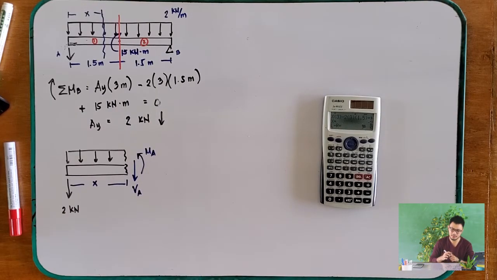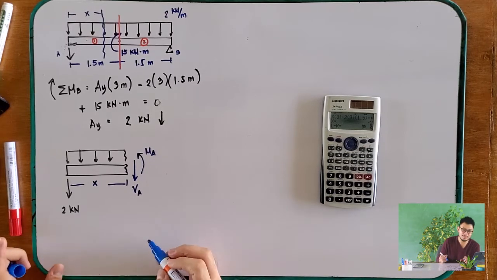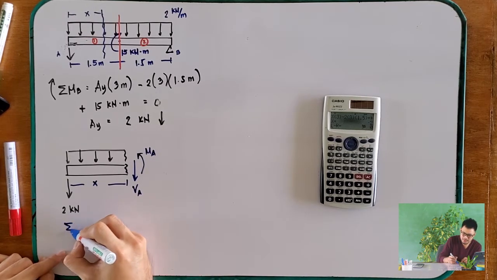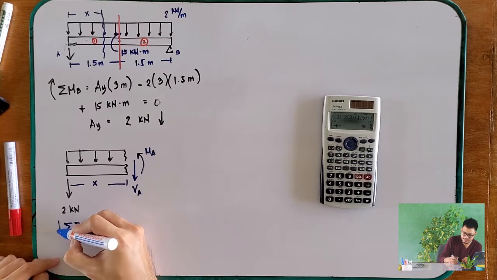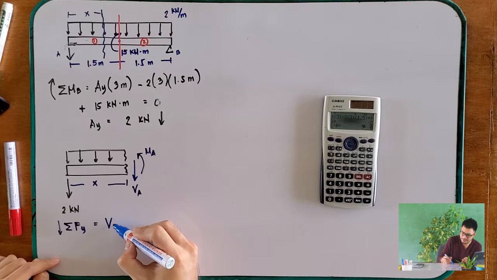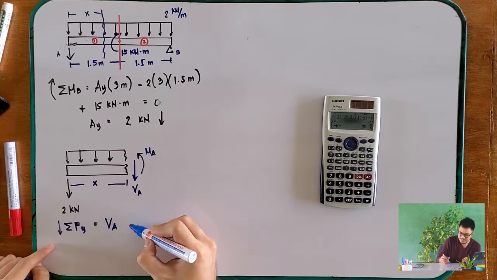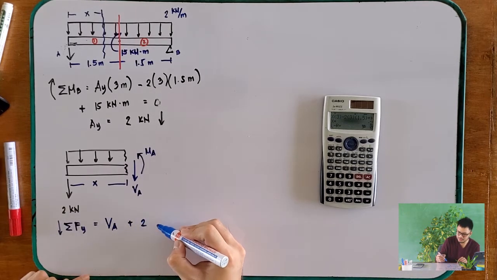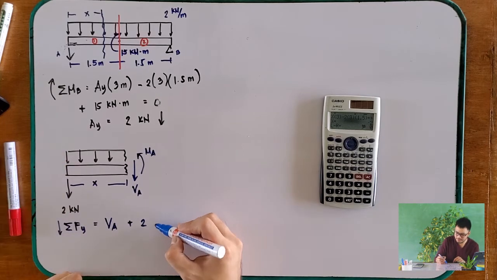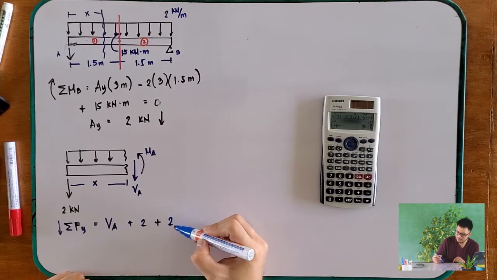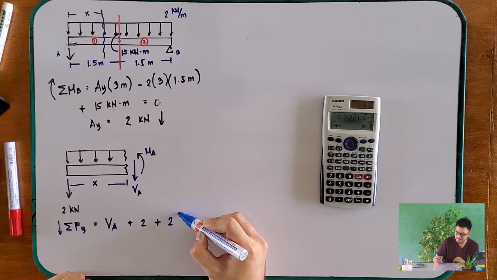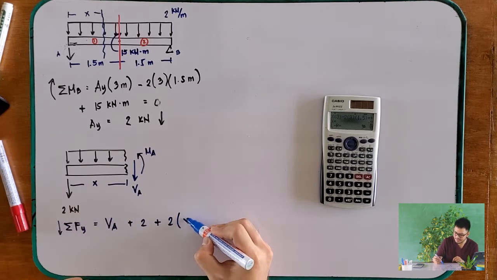So how are we going to solve this one? So first, let's go to VA. Solve for VA, then we have to sum the forces along the Y, going down. Para positive ang atong VA. Then, plus 2 kilonewtons. Ayan, napatay distributed. Plus, sama ani, 2 kilonewton per meter multiplied by the distance of x.